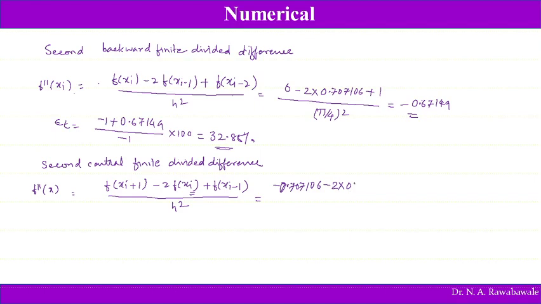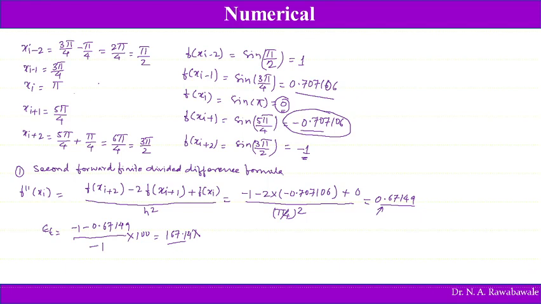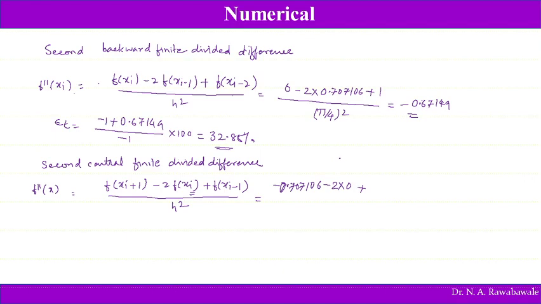Then plus f of xi minus 1, which is 0.707106, whole divided by h square, that is pi by 4 square.